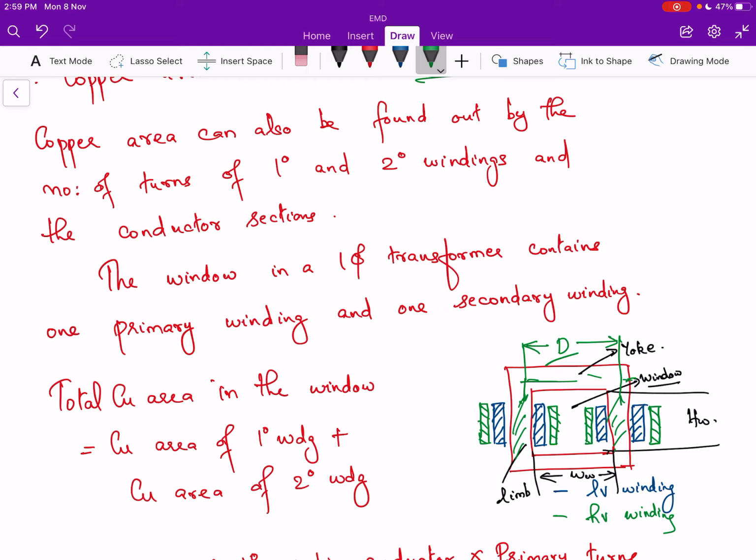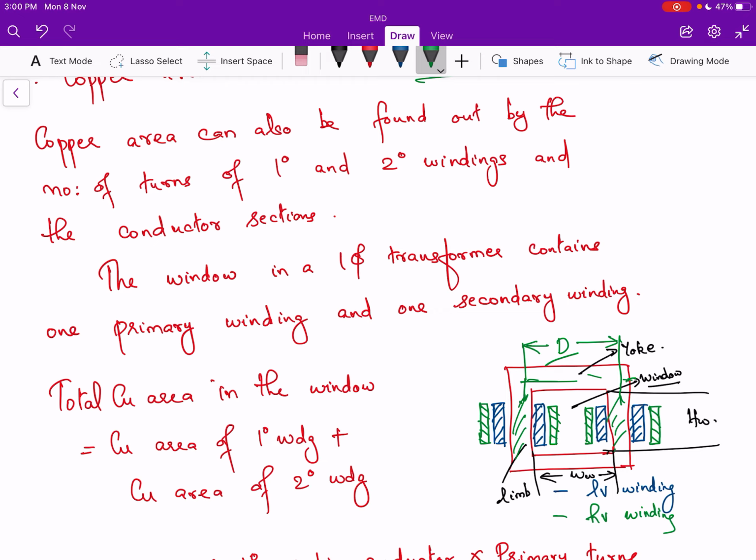And we will usually wind half of the low voltage winding and half of the high voltage winding over each limb, so that the flux linkage will be maximum. And usually the low voltage winding is wound near the core and the high voltage winding is wound above it in order to reduce the amount of insulating material required.